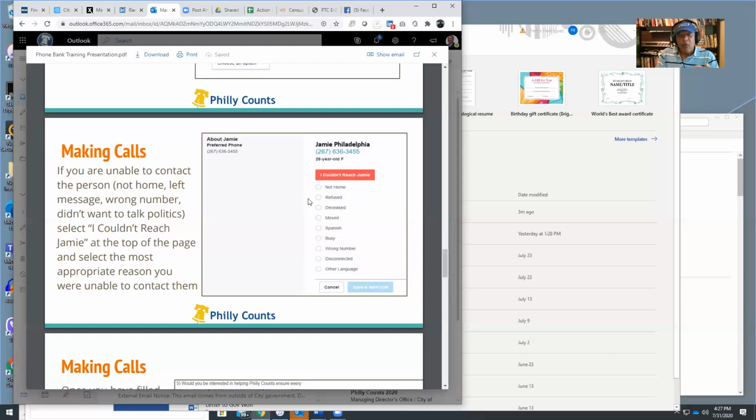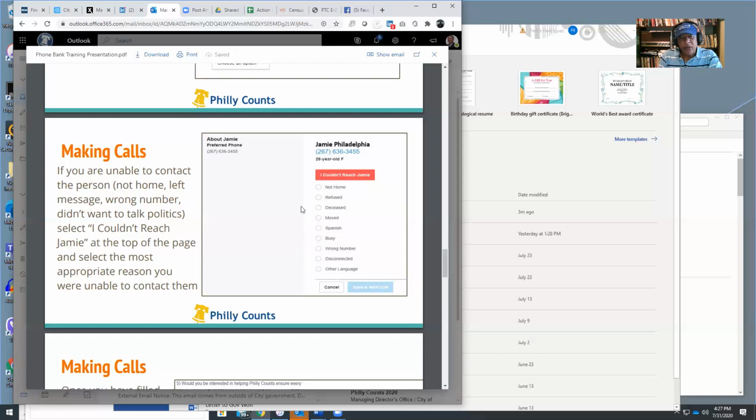When we have, let's say, 7 or 8,000 people in one phone bank, we call everybody once. And when we go from number one to the last one, the computer will then send it to a second round, and we're only calling the people that were not home, or that the signal was busy, or the other languages.